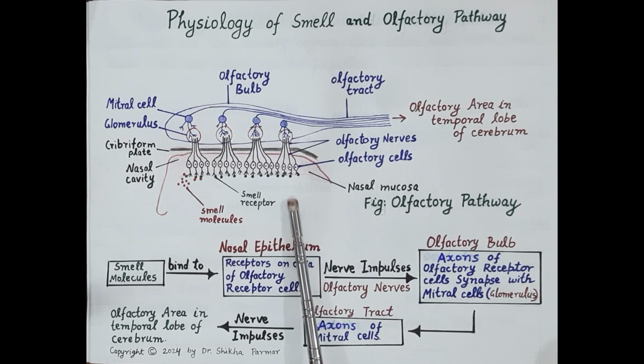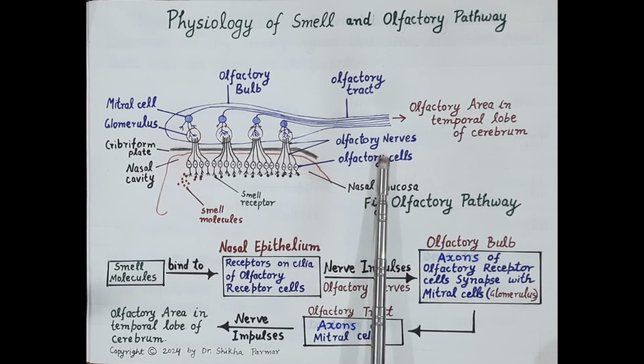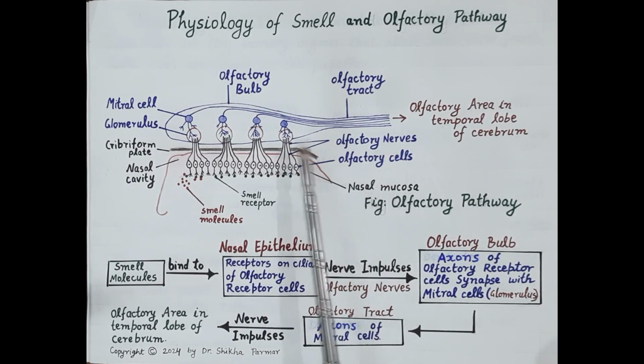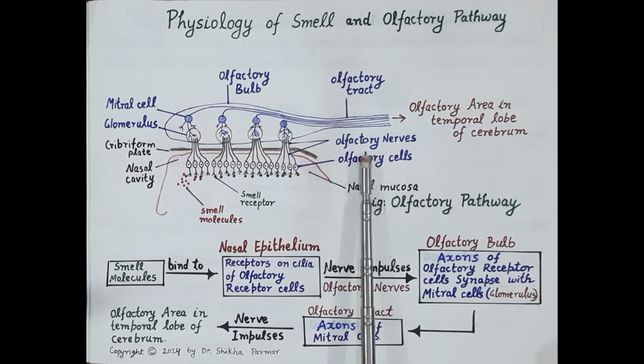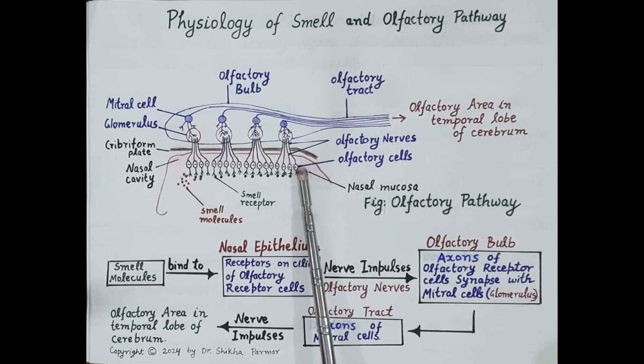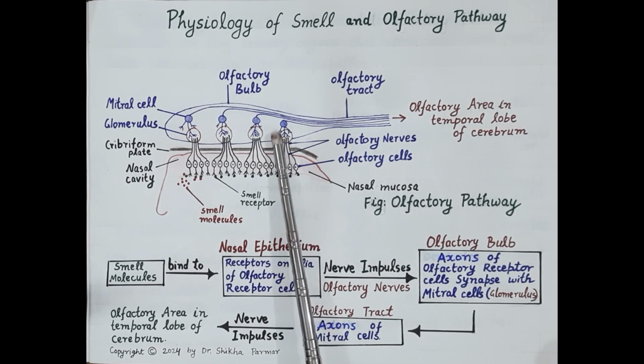Now as you can see here, axons from different olfactory cells combine together to form the olfactory nerve. So this is the olfactory nerve that transfers the nerve impulses generated at the nasal epithelium to the olfactory bulb.